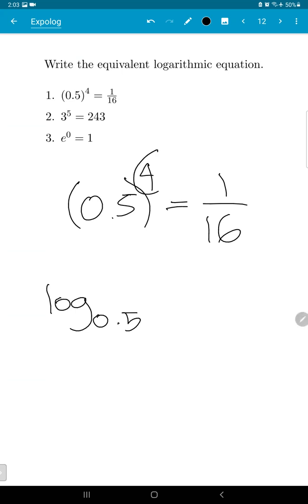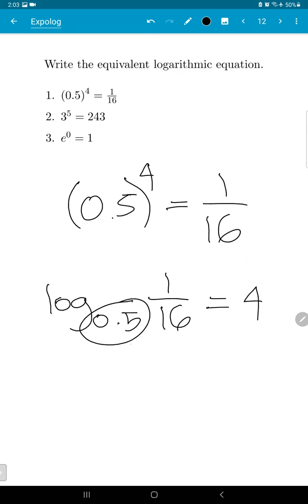Here the input is 4, the output is 1 over 16. So you interchange: 1 over 16 is now the input and the output is 4. What should I raise 0.5 to get 1 over 16? Okay, one more time.